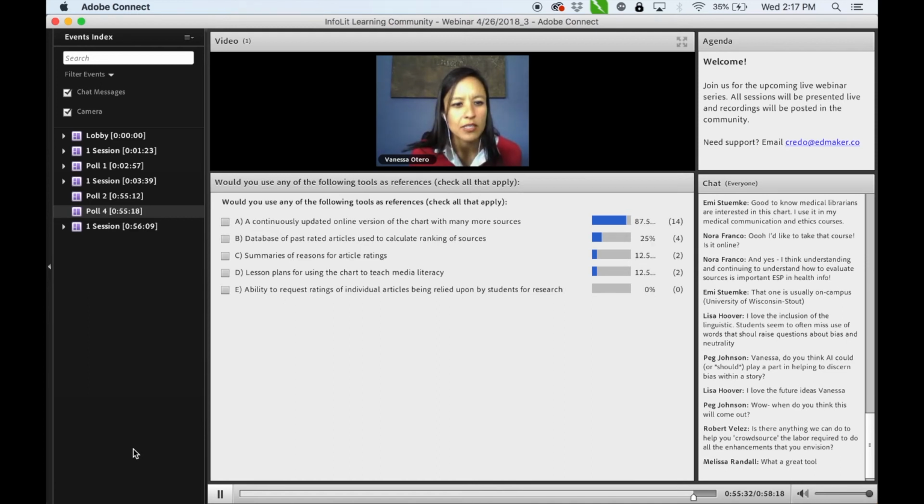A continuously updated online version of the chart with more sources, a database of past rated articles to use to calculate the ranking of sources, summaries of reasons for article ratings, lesson plans for using the chart to teach media literacy, and ability to request ratings of individual articles being relied on by students for research.